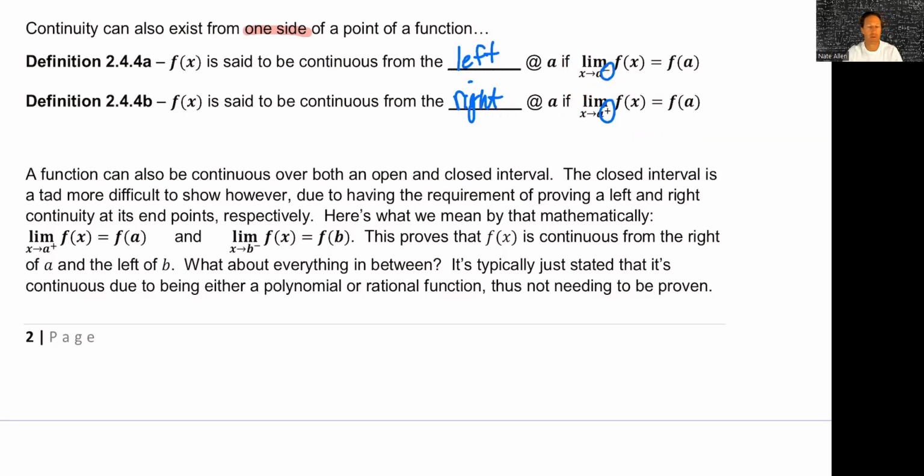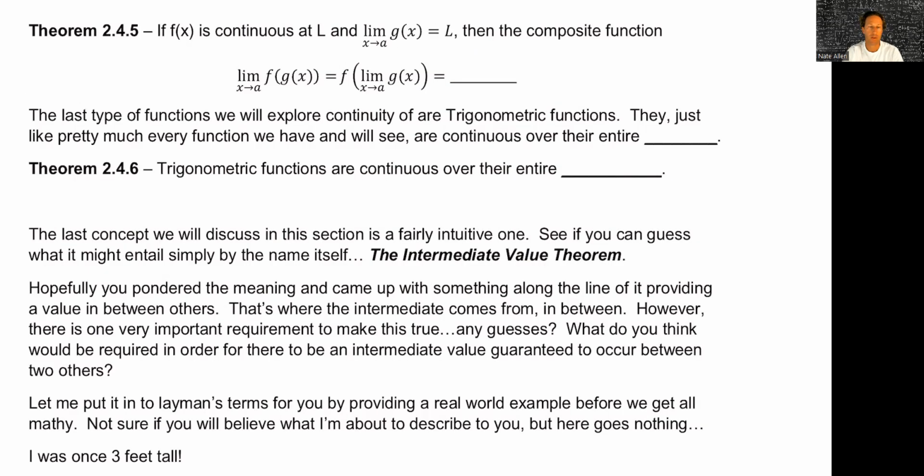So as we mentioned before, what we're really going to be focusing on is where it's not continuous. We call that discontinuous, because most of these things are going to be continuous over their entire domain. The next theorem here talks about being continuous at L, where that is given by a limit.